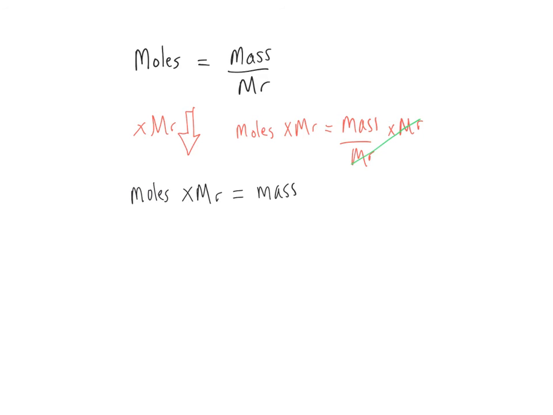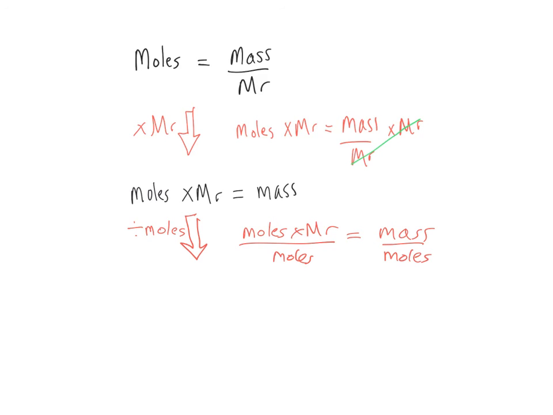Now, what about if you weren't asked to calculate the mass, but you were asked to calculate MR? So we need to get MR over on the left-hand side by itself. Now, the way that you do that is you need to divide both sides of the equation by moles. And so this time we've got moles times MR divided by moles is equal to mass divided by moles.